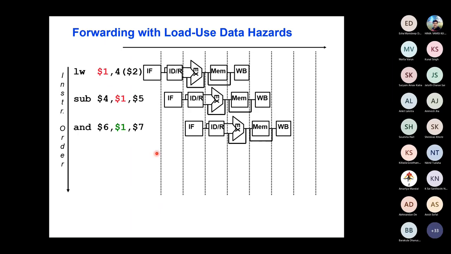By forwarding or so? How do I forward? It is available at the earliest at the end of the fourth clock cycle. And this is required in the third clock cycle. It is backward in time. So even if you set up an extra data path, would that serve? How can you go backward in time?